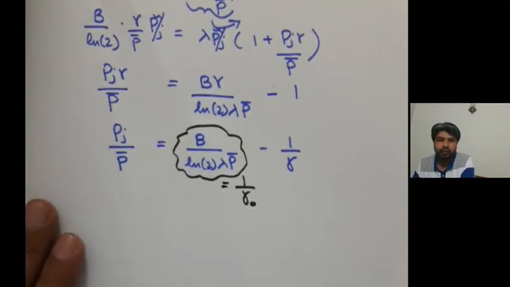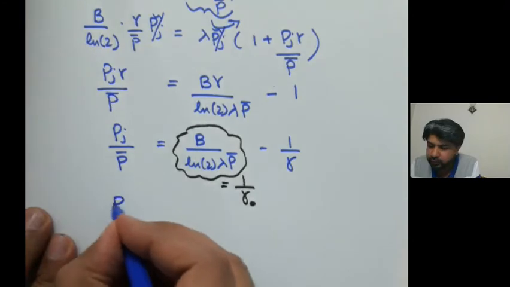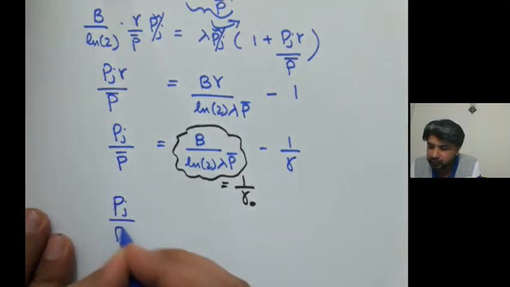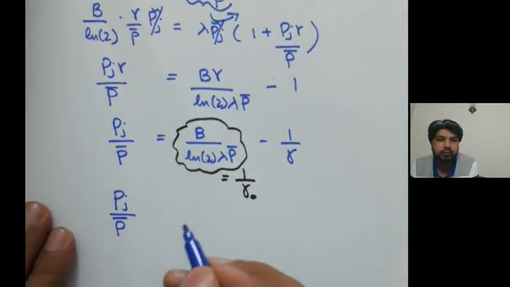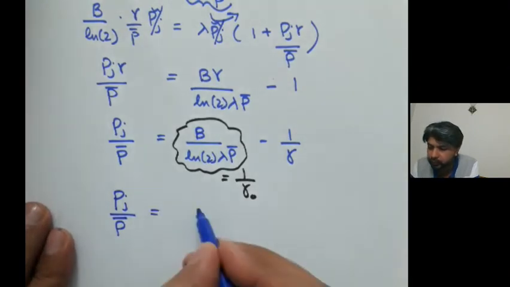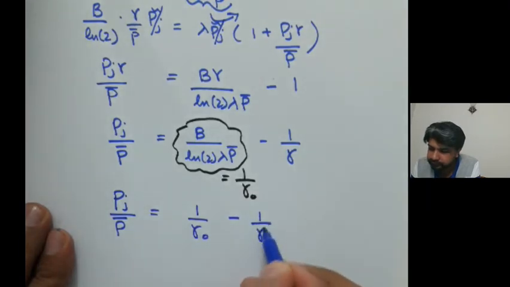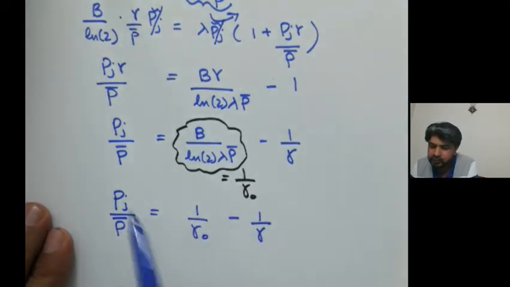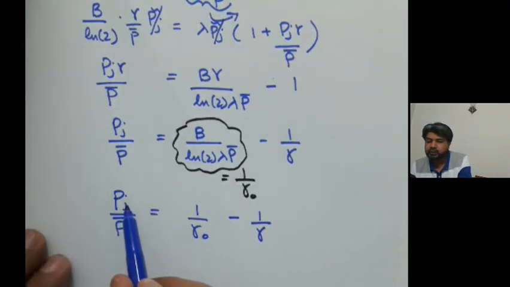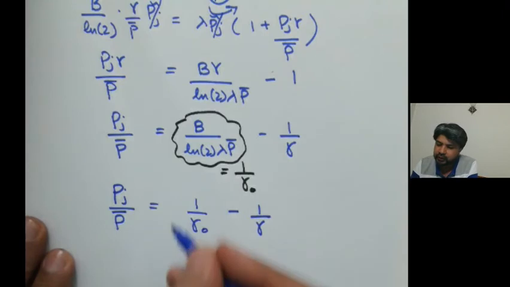So now you have this power control. It's a very interesting equation: the power control Pj, the amount of power which would give you the maximum capacity, is simply 1 over gamma naught minus 1 over gamma. Since this power must always be positive, there is a way of representing that.